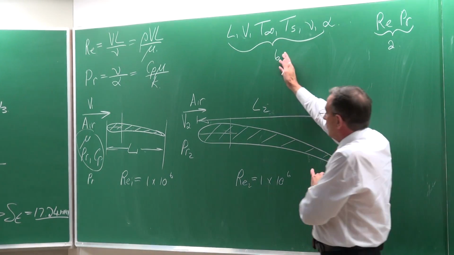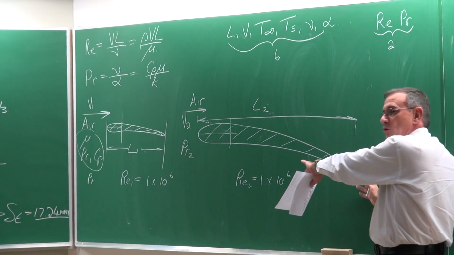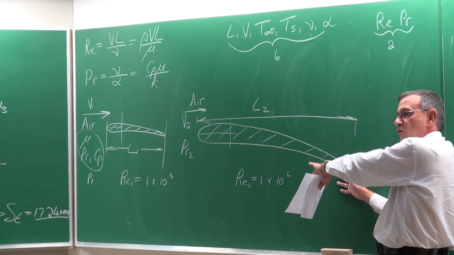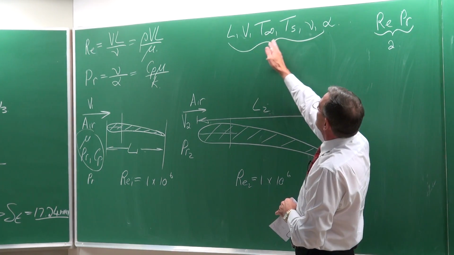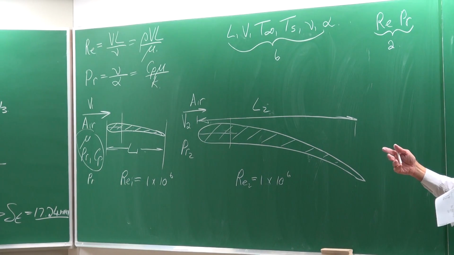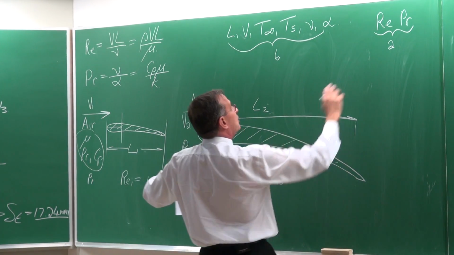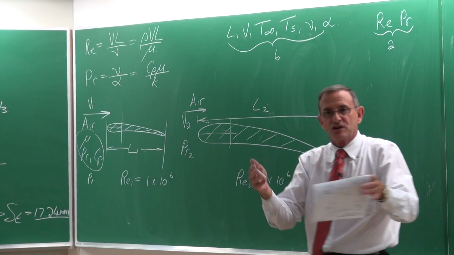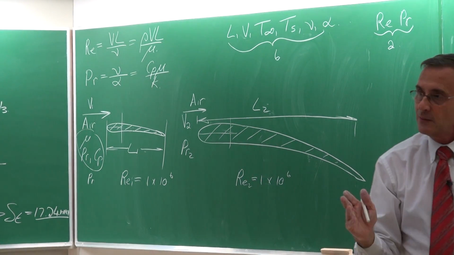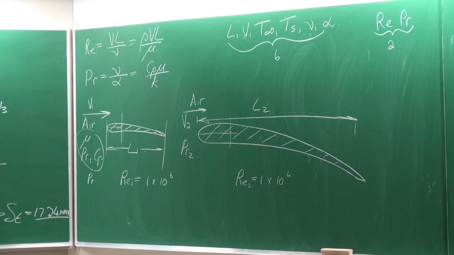Well, if we want to get all the properties for this aerofoil, we have to do experiments for 6 different variables. If we go to the wind tunnel and we keep this the same, and we do experiments only at different Reynolds and Prandtl numbers, we can get exactly the same results. So it can save us a lot of time and money.